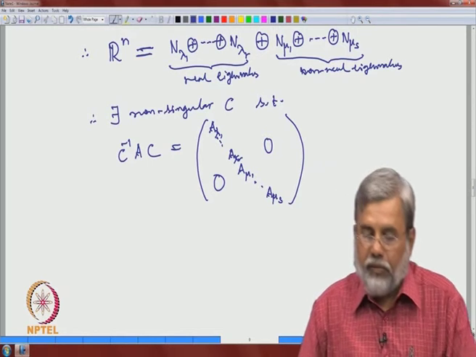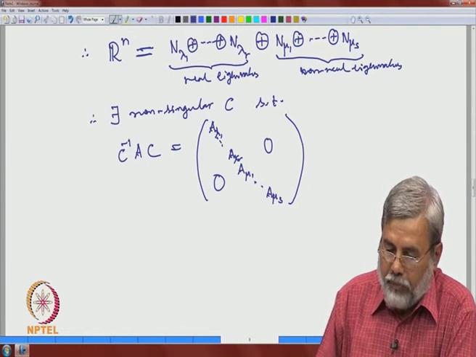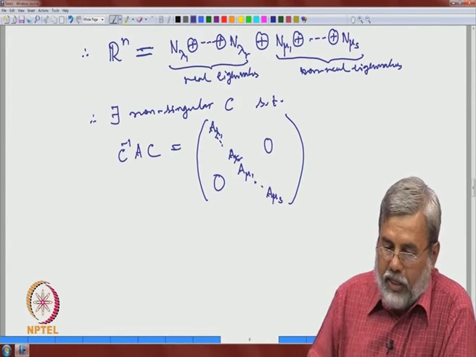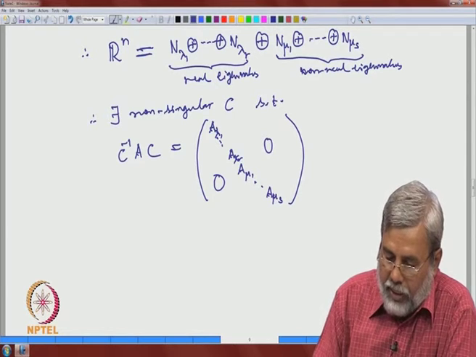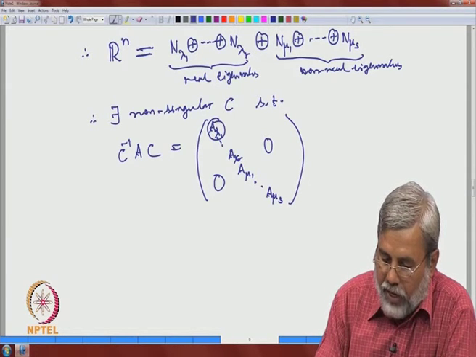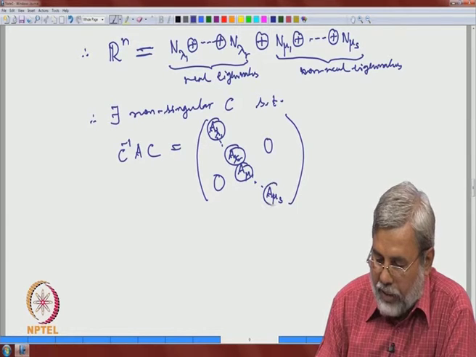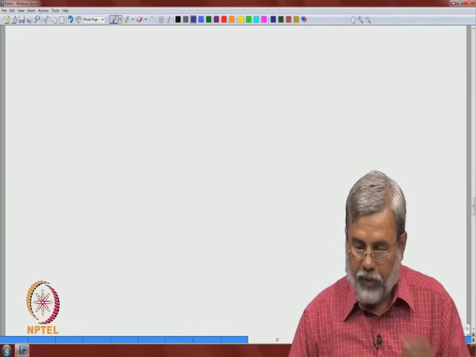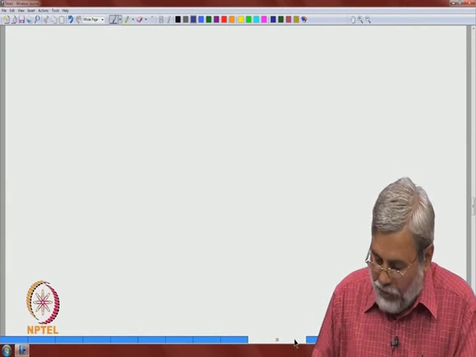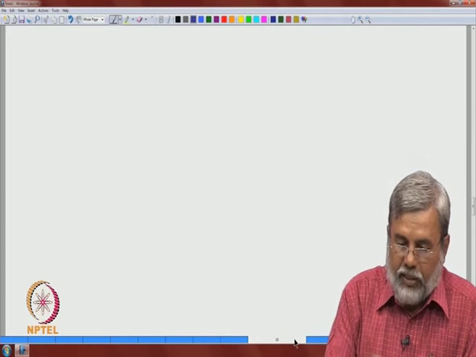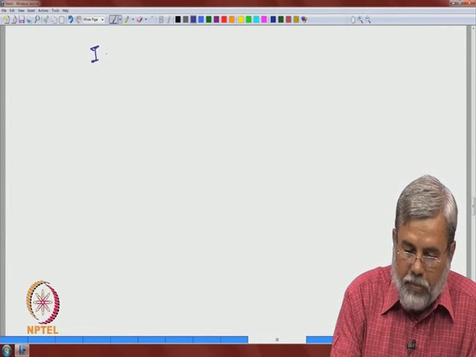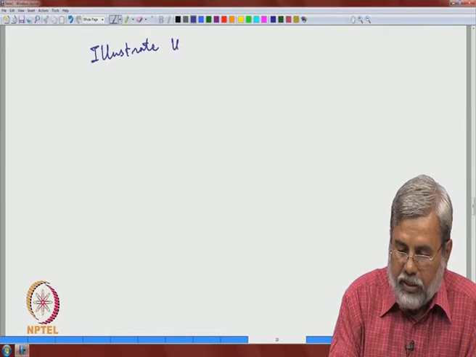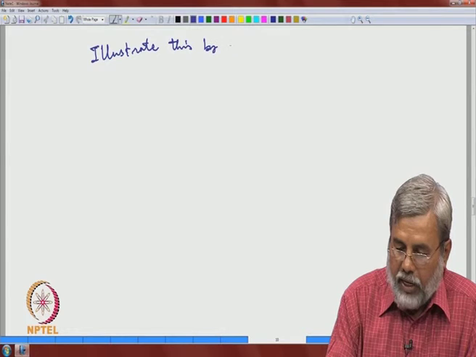And the next task is to find a suitable basis in each of these subspaces, so that these block matrices have a very simple structure. That is what we are going to do next time. Instead of doing it for a general case, let me just illustrate this by a case.